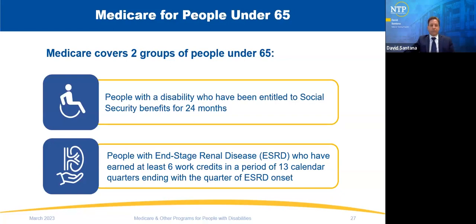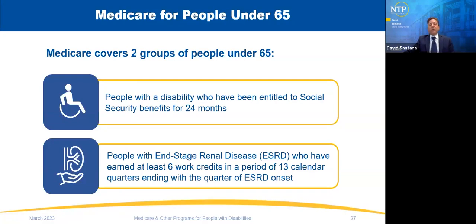And you heard from Tanya's presentation the requirements Social Security has for those individuals who apply for disability benefits. Now, when you get to the point that you start receiving cash benefits from Social Security, 24 months later you become eligible for Medicare and are automatically enrolled. We'll talk a little bit more about the Medicare enrollment and the timing.